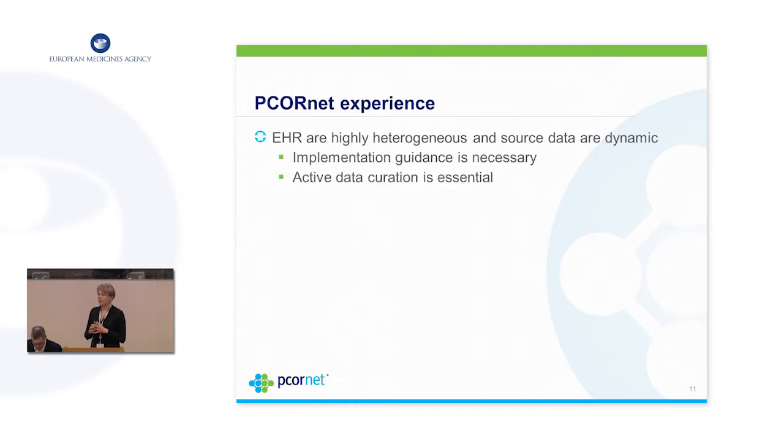Our takeaway from this is that when you are using a common data model, implementation guidance will always be necessary. With every table in the common data model, maybe not quite with every data element, but with every table, questions have arisen about how exactly do I implement this part of the data model given the heterogeneity I see in my data?